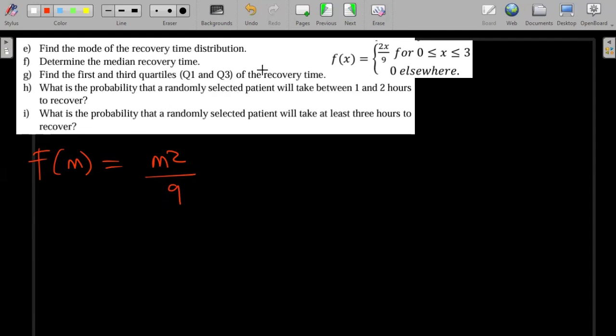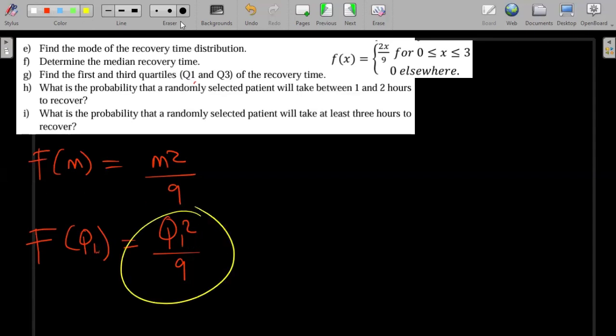Now we want to find Q1, so we say CDF of Q1. If we integrate, we're still going to get Q1 squared over 9. Since it's Q1, we equate this to 0.25. So Q1 squared over 9 is equal to 0.25.